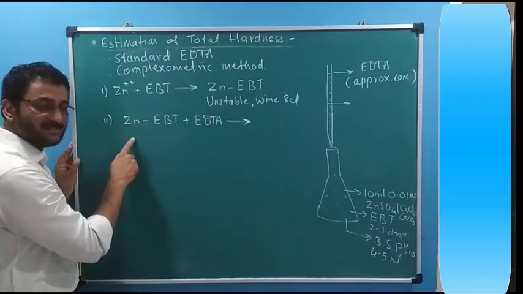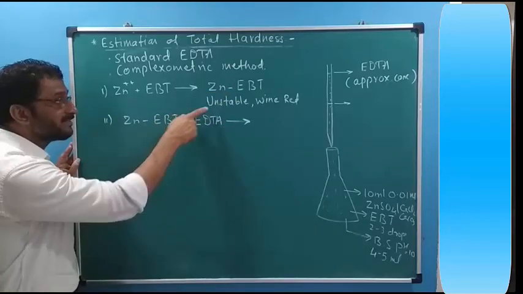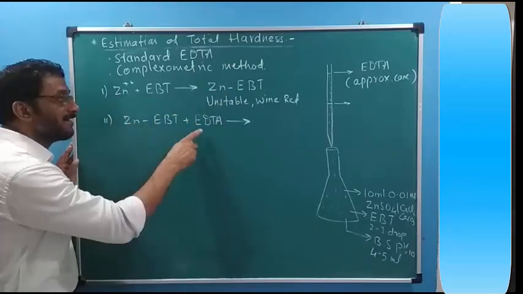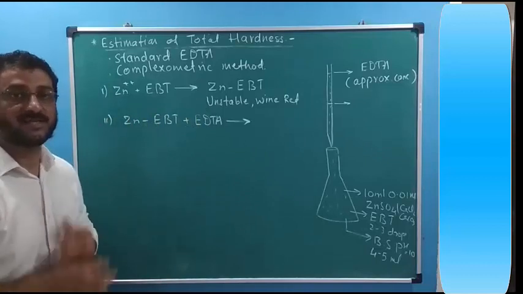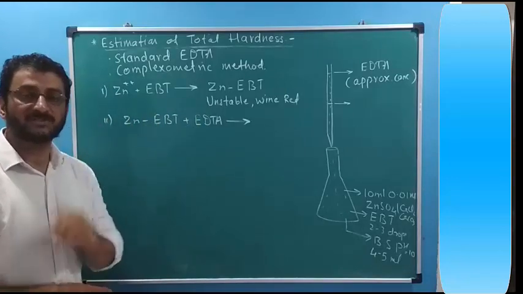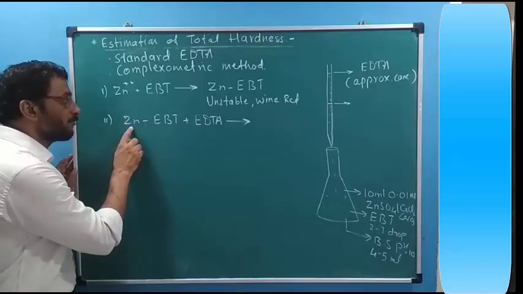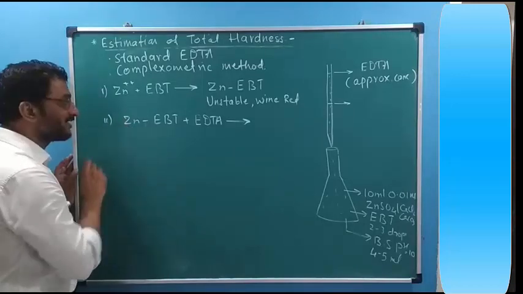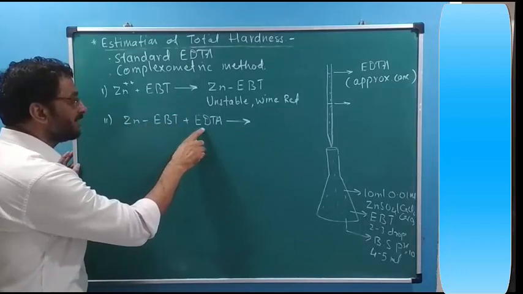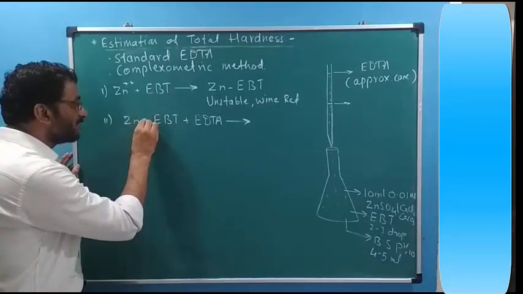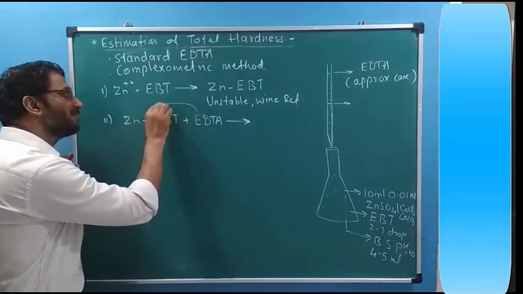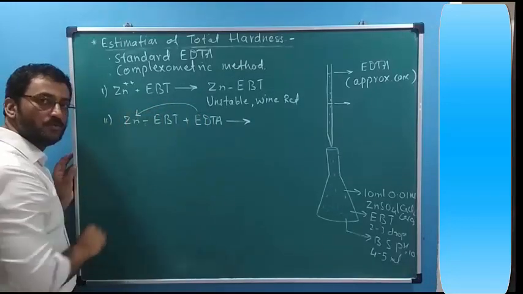This bond is unstable, means breakable, and EDTA is a very strong chelating agent, having very high attraction for the positively charged soluble ions, right? So on addition of EDTA, there is a breaking of these bonds and a formation of new bond.